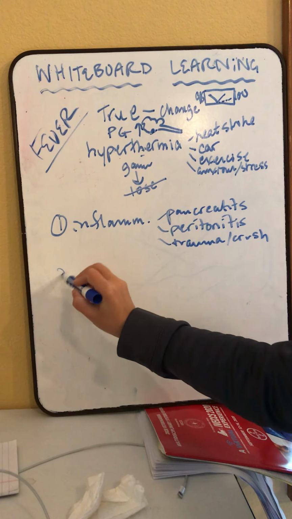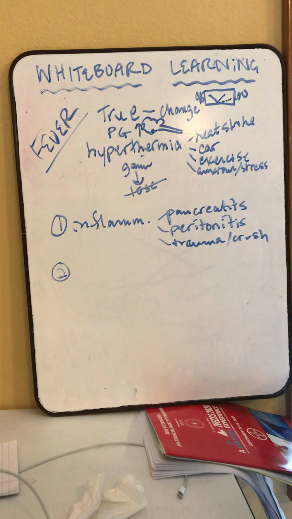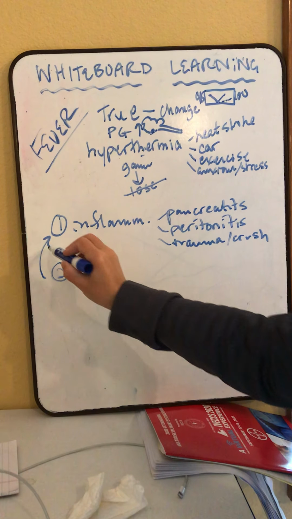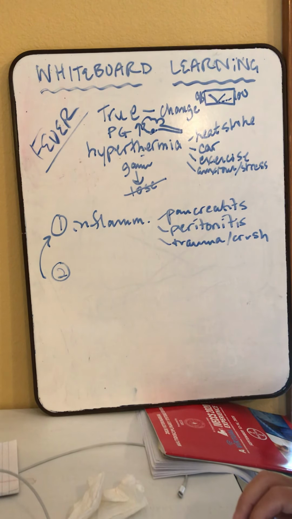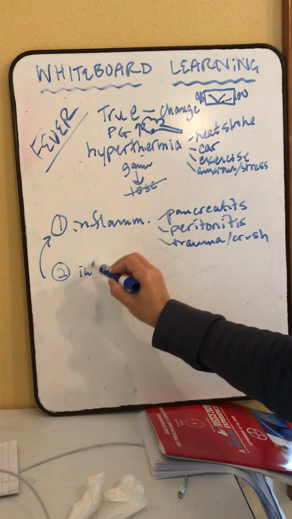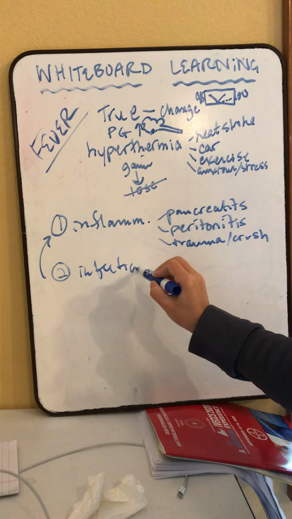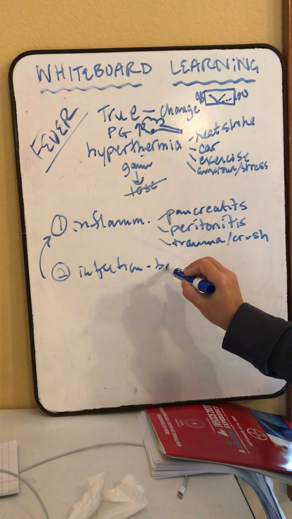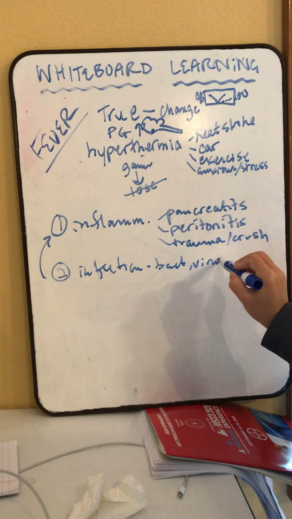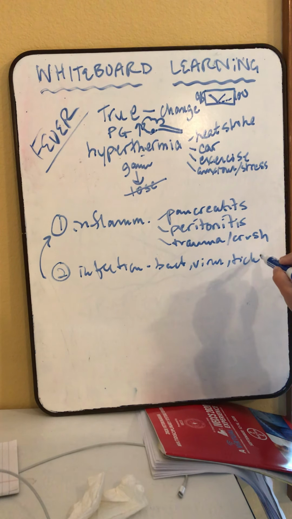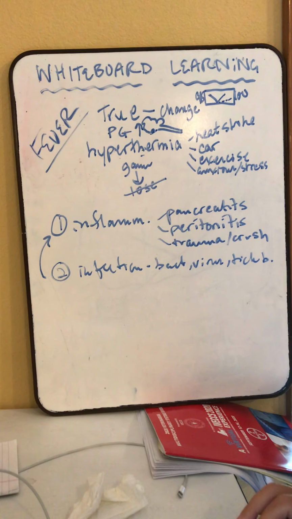So then the second, third, and fourth are more things that cause inflammation and then cause the temperature to go up. The first one you think of is usually infection. There are lots of different infections, right? Bacteria, virus, tick-borne diseases. So lots of different things under there.